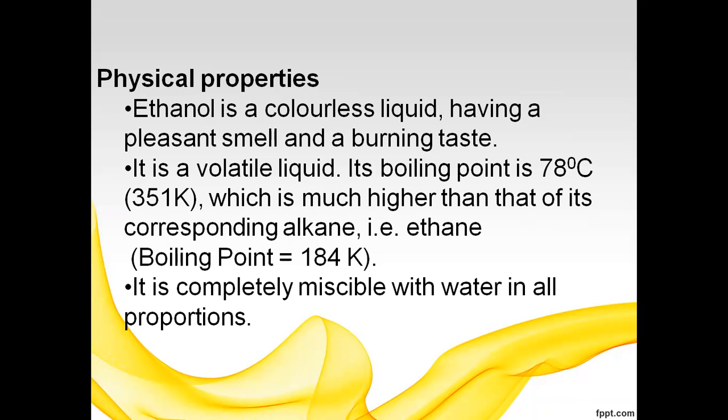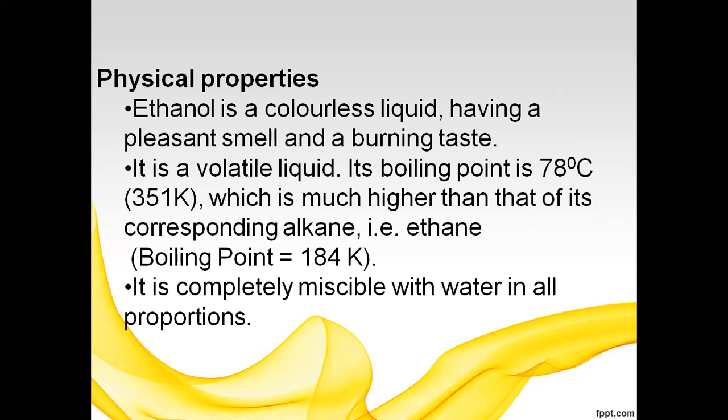But the ethanol boiling point is 351 Kelvin. Ethanol is miscible or soluble with water in any proportion. So ethanol is a colorless liquid with a pleasant smell, burning taste, volatile, boiling point 78 degrees Celsius, and soluble with water. These are the physical properties of ethanol.